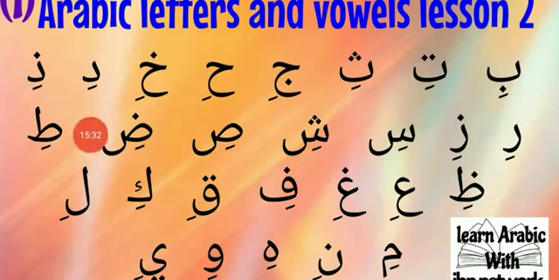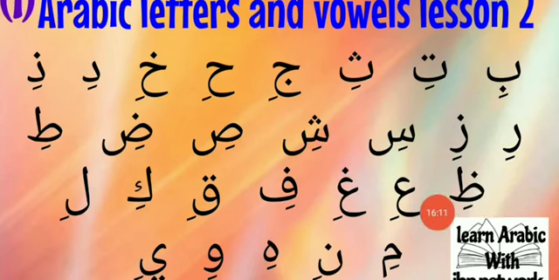Here we have ta together with kasra, so we say ta kasra ti, ta kasra ti. Here we have zo together with kasra, so we say zo kasra zi, zo kasra zi.